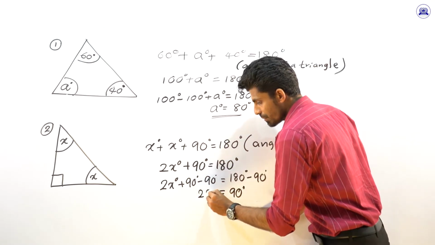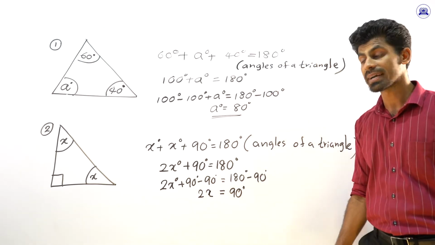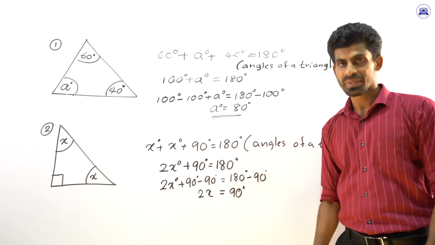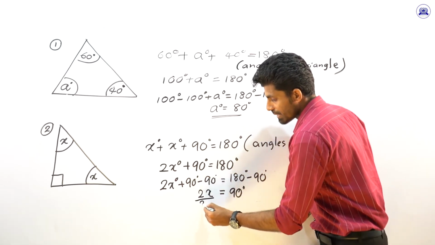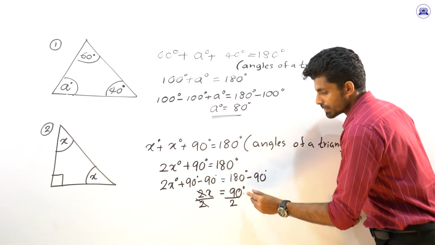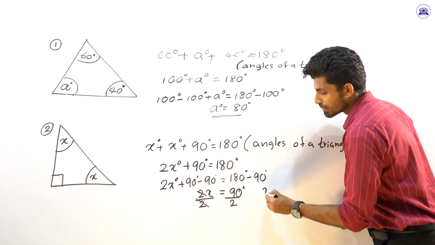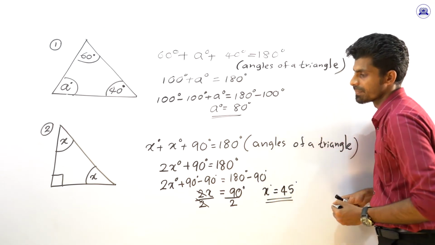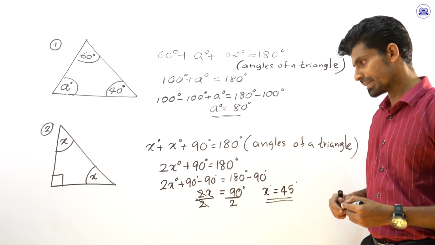So this is 2x. Then how to find x? You need to divide both sides by 2. So 90 divided by 2, x equals 45 degrees.